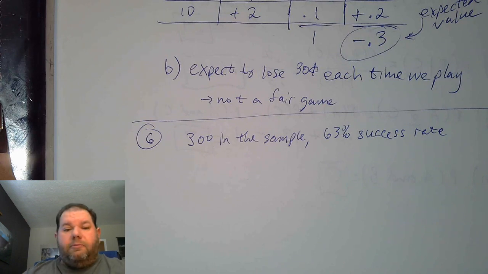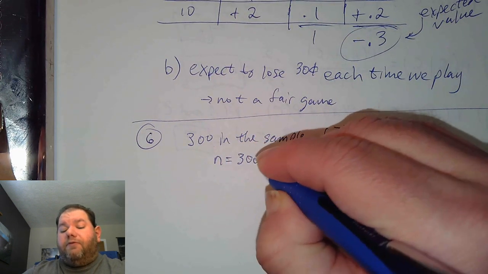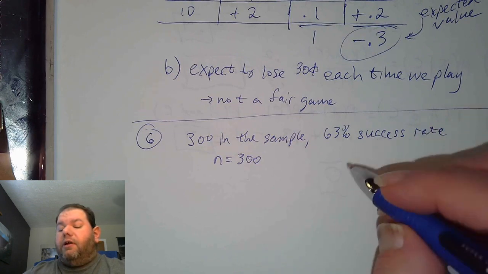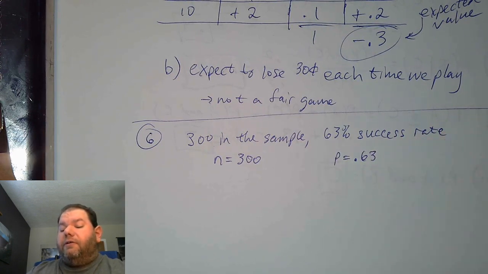You'll notice that the number 65 is mentioned twice, but we want to be careful that 65 is really just providing context for the problem. It's not a number that we need to include as part of our statistics. So we'll say N, that's our sample size or number of trials, is 300. And P, the probability of success, is 0.63.